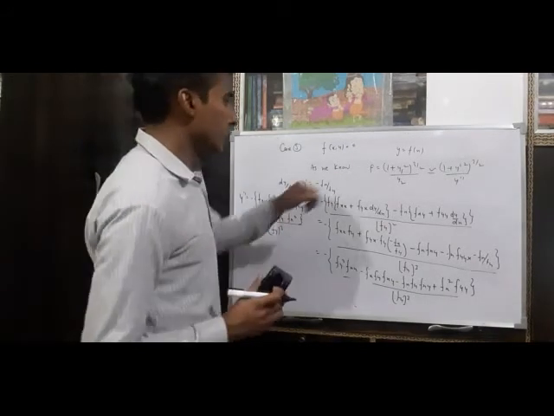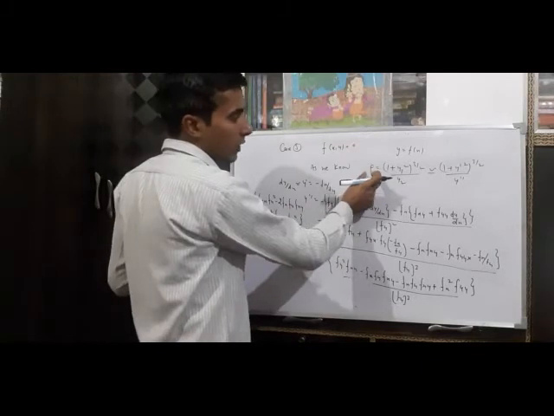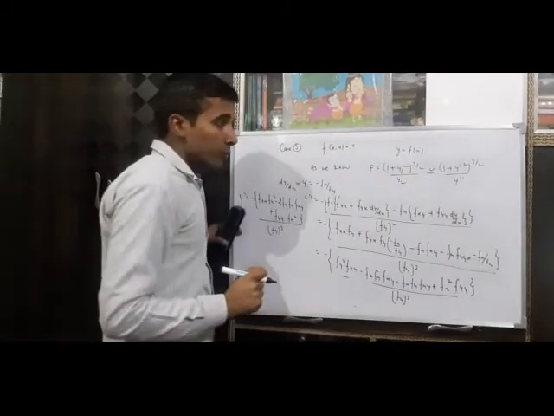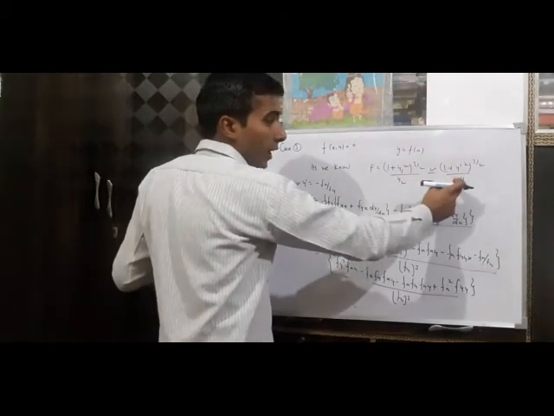Therefore the radius of curvature, as we know, the formula for the radius of curvature is (1 plus y prime square) raised to power 3 by 2, divided by y double prime.